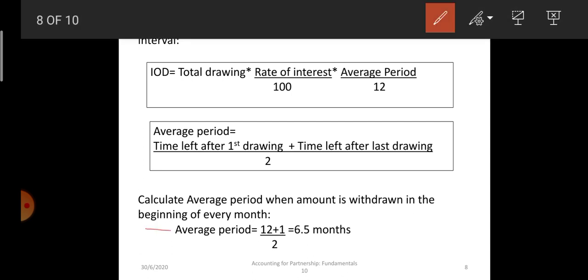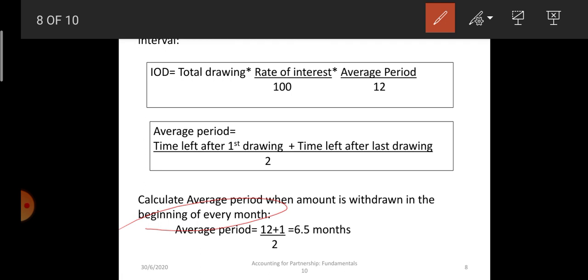The amount is withdrawn in the beginning of every month. Let's take calendar year to understand average period in a better manner. On 1st January the amount is withdrawn, like that 1st Feb, 1st March, 1st April, and the last drawing will be on 1st December. So first drawing is on 1st January and the last drawing is on 1st December.